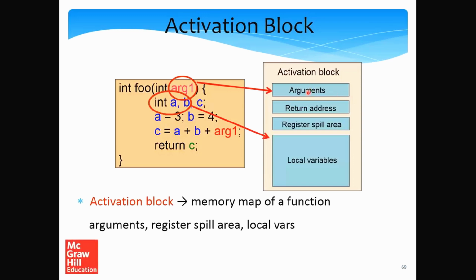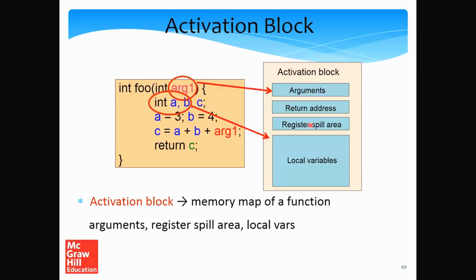So in one region we save the arguments if required. In another we save the local variables, which in this case are a, b and c. Then we save the return address, again if required, and we have a register spill area where we spill registers if required.